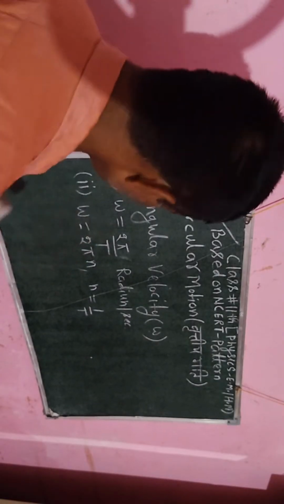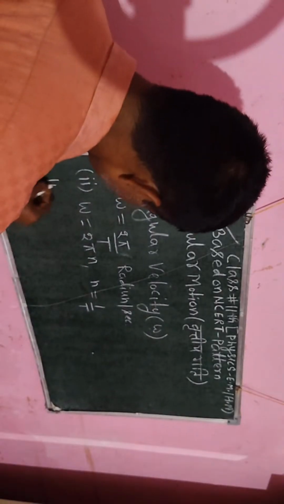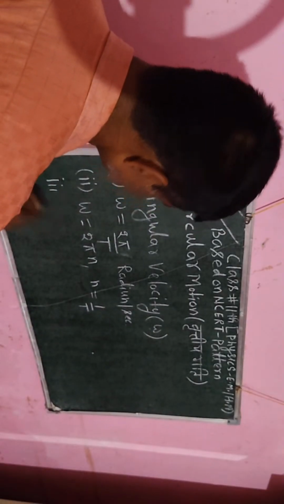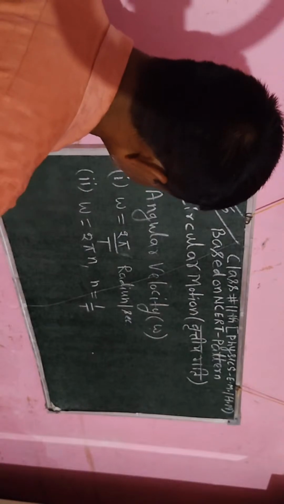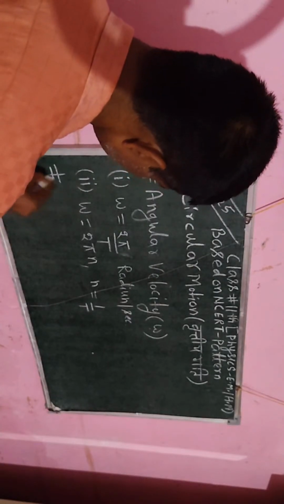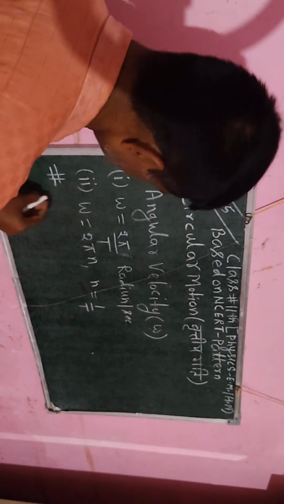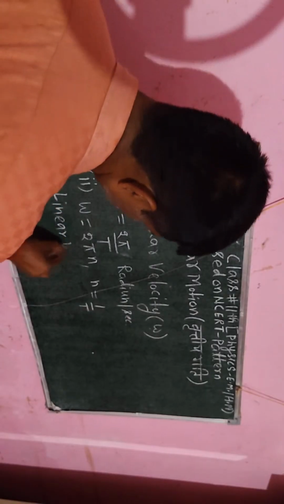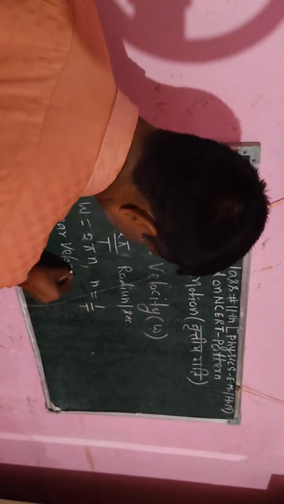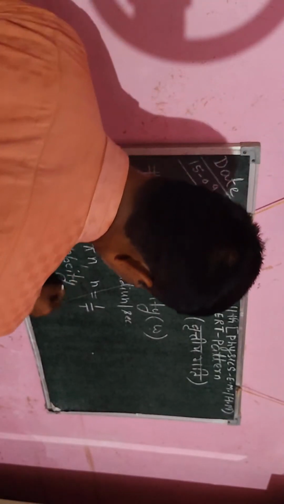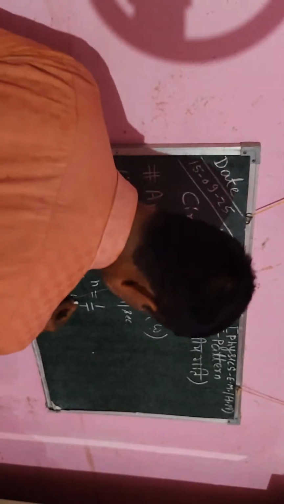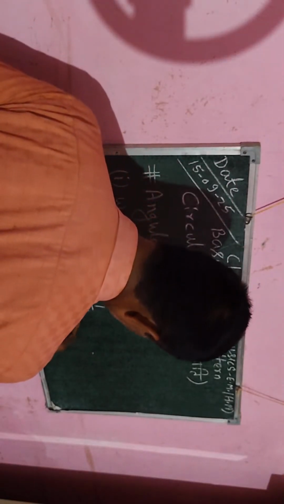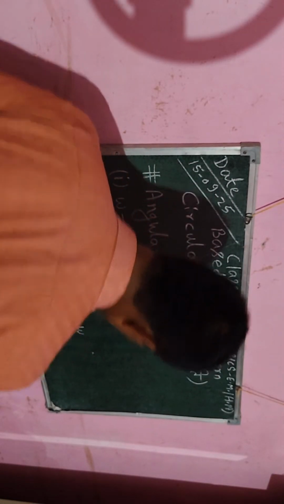Okay. Now the third point I have to explain is the linear velocity. This linear velocity I will say is v, which is written as r into omega.